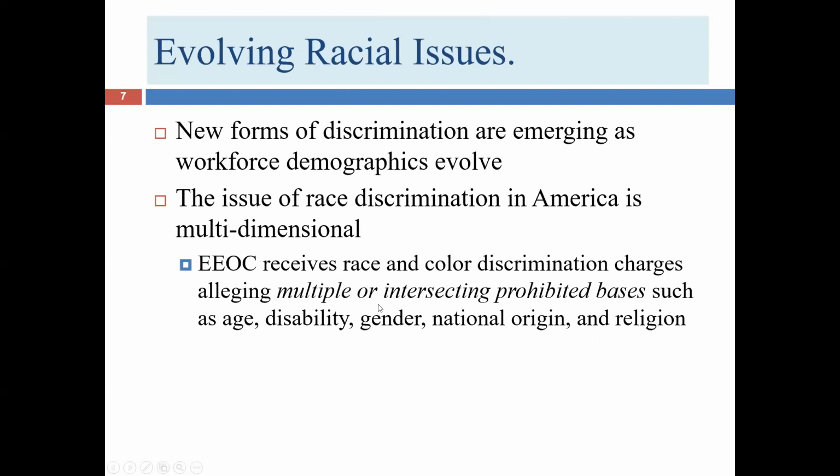And sometimes there is an intersection. For example, you might have a charging party who's from the Dominican Republic. He might identify culturally as Hispanic. He might identify by national origin as being Dominican, and he might identify racially as of African ancestry. And so you can see how all three of those kind of intersect.